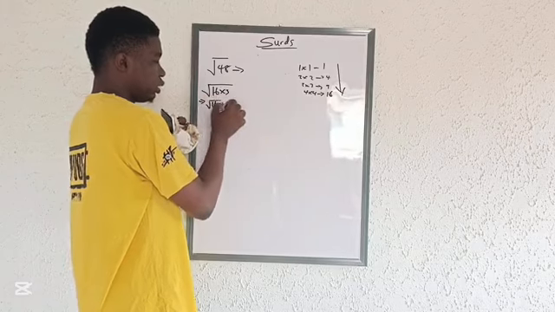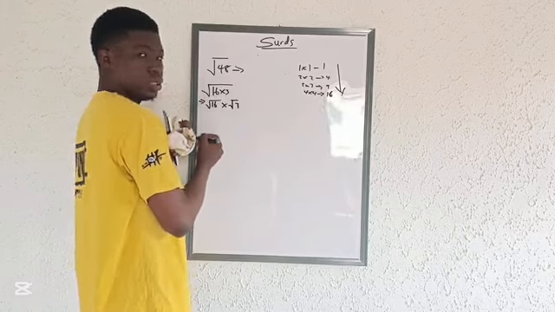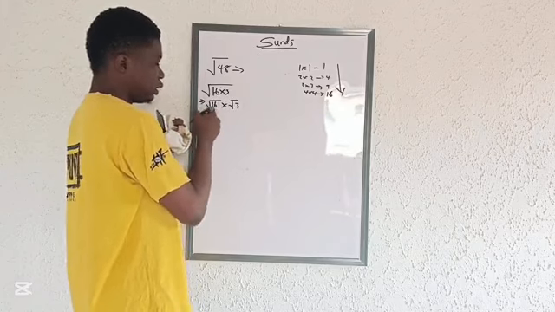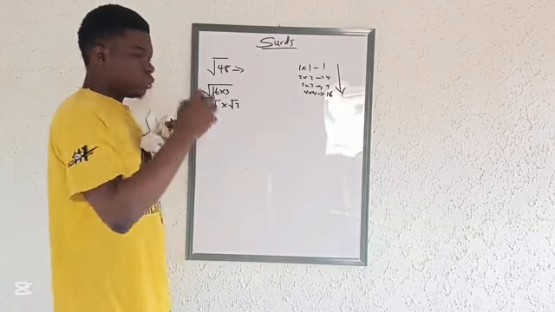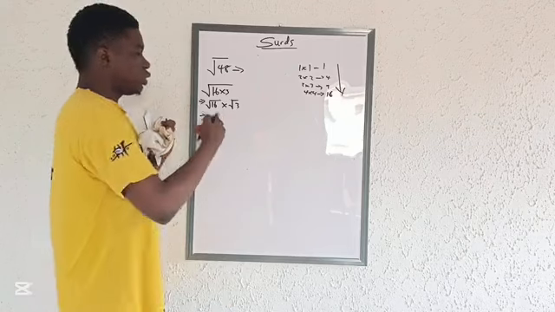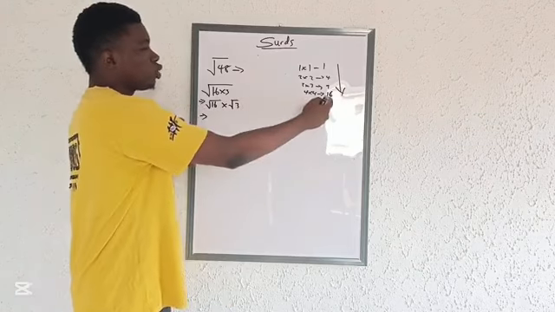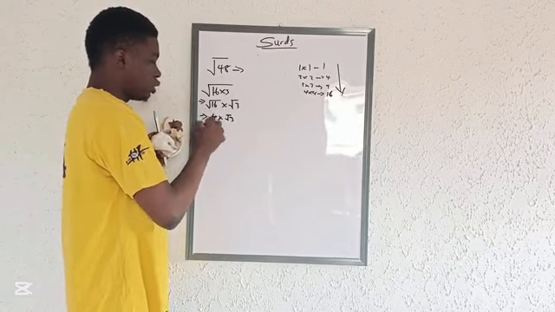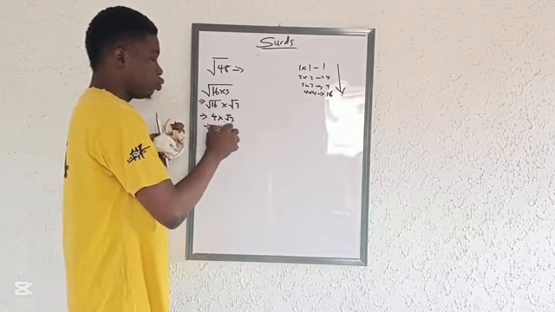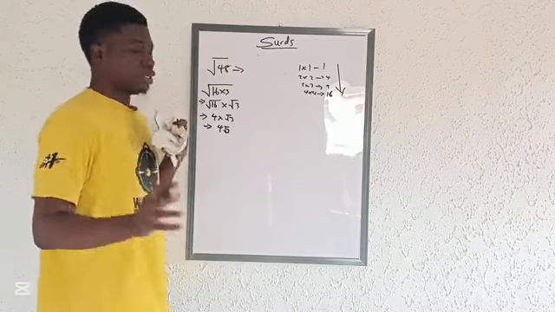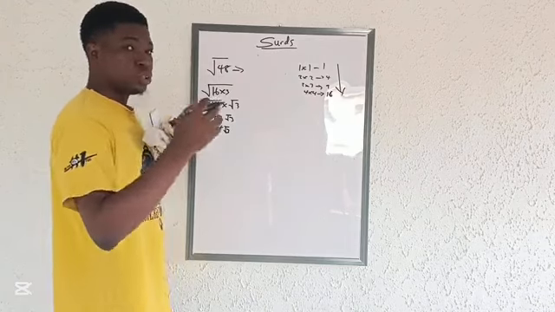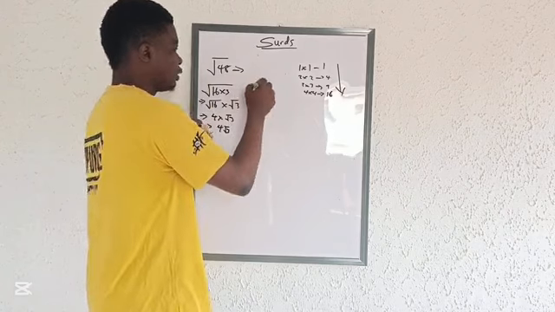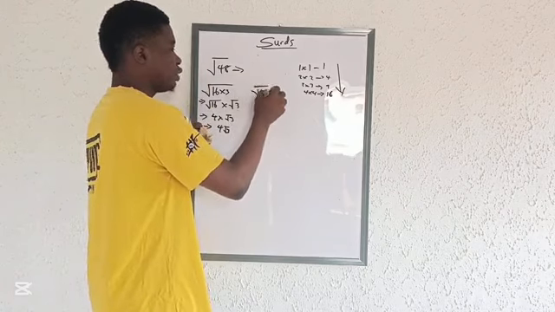Root 16 times root 3. Then we separate it again. Root 16 is actually the square root of 16 because it's a perfect square. Square root of 16 is 4. So we have 4 times root 3, so we have 4 root 3. That's the simplification of the surd.